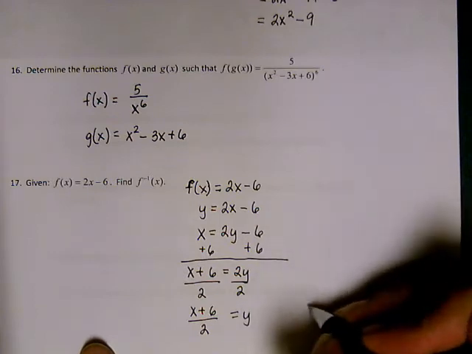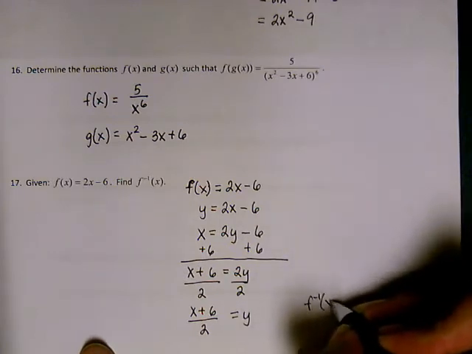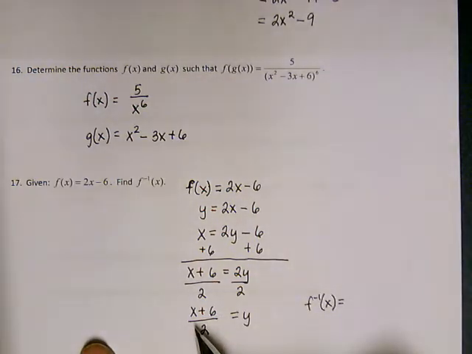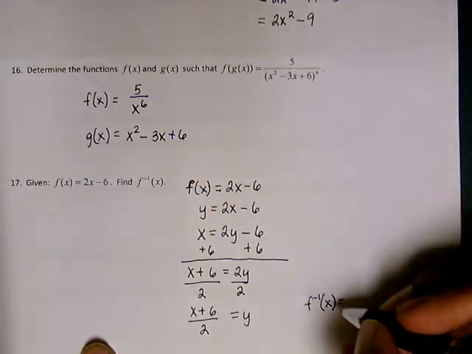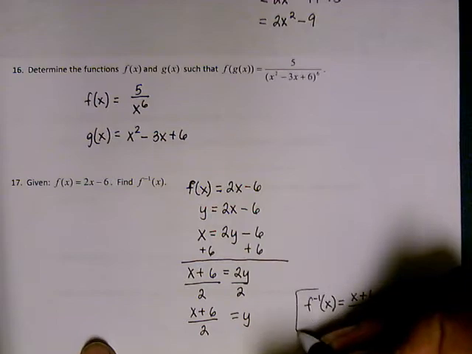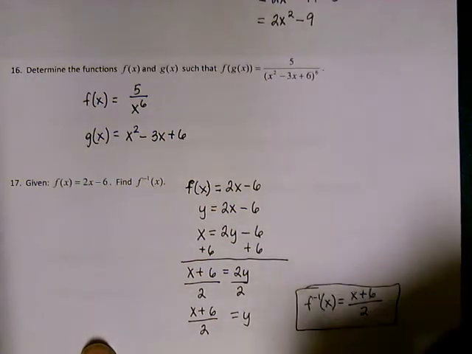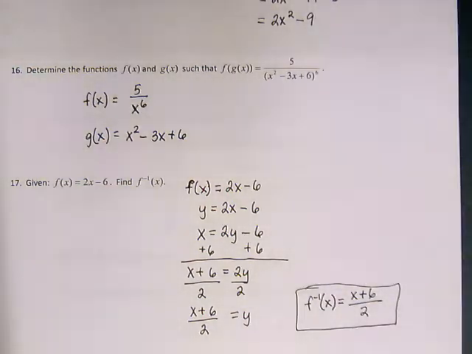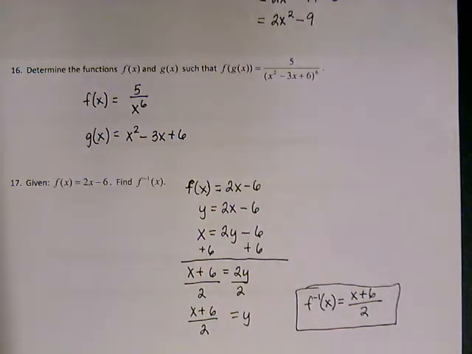So here, this y would be replaced with f inverse of x. And that's going to be equal to this expression right here, x plus 6 all over 2. So this right here represents the inverse of f of x.